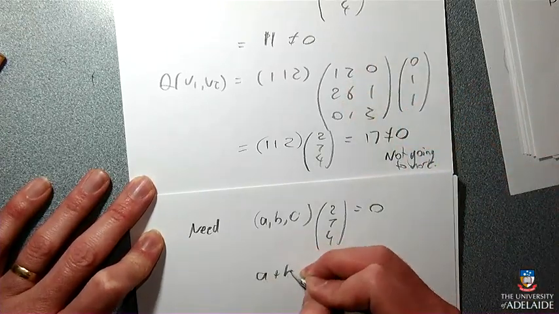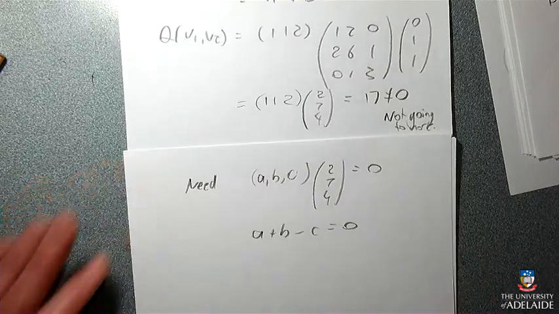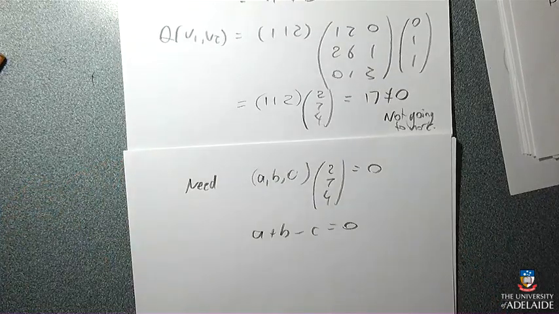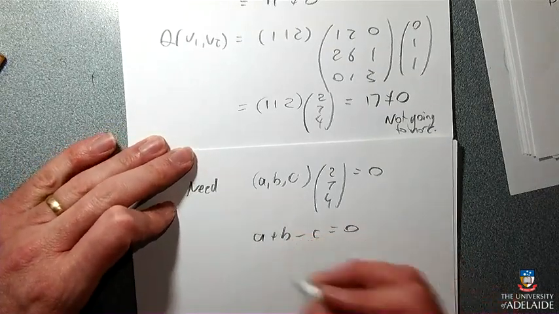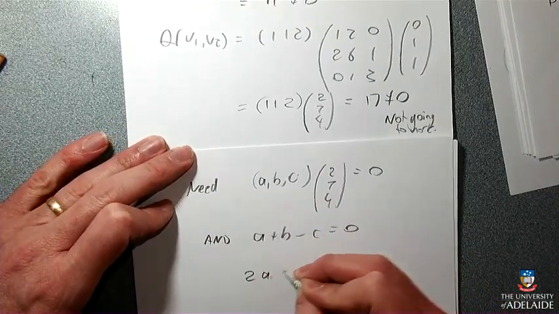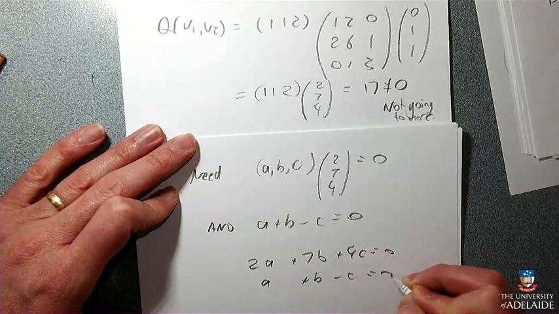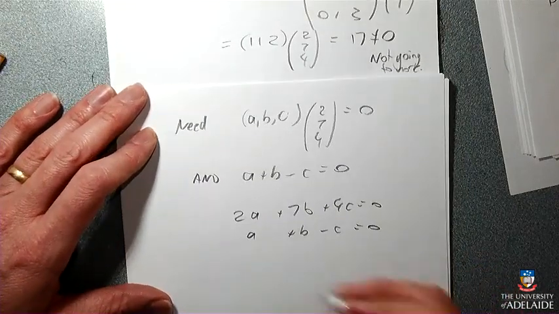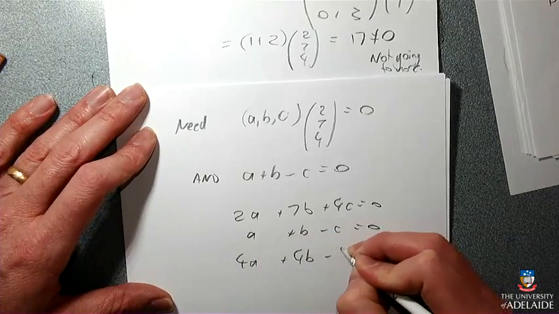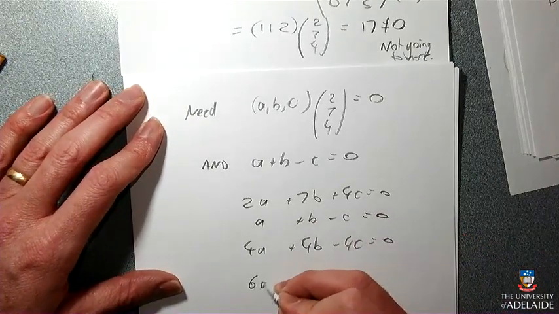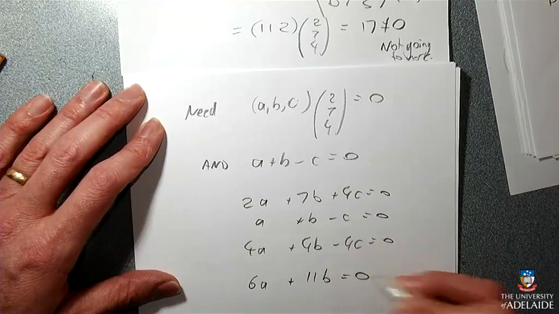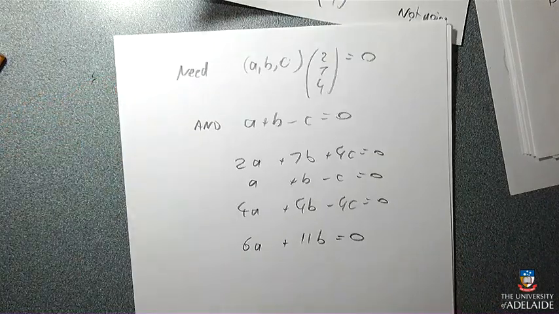And I also need A plus B minus C to be 0. So I could choose A to be 11 and B to be 6, and then C to be 17.